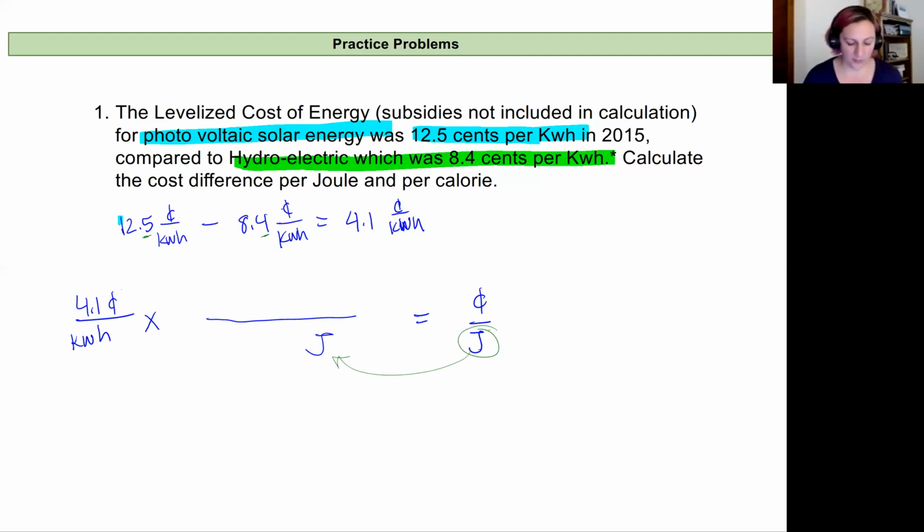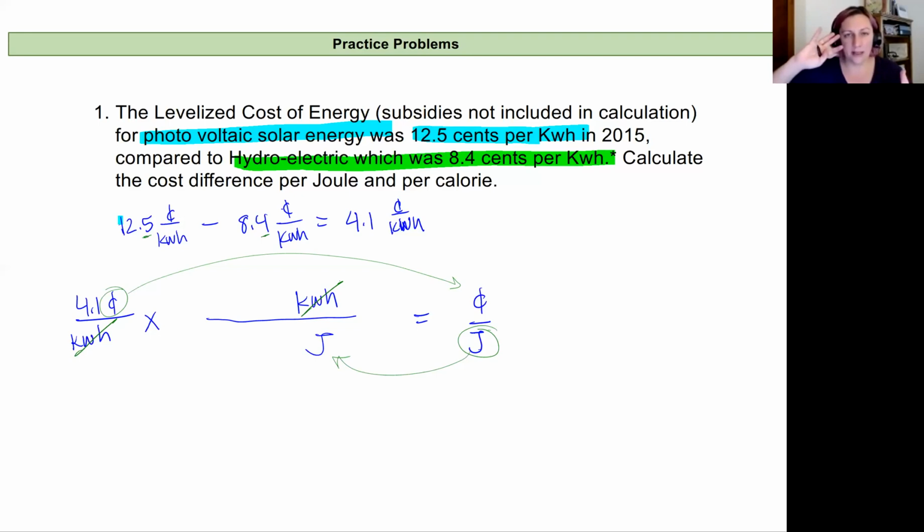And I want my cents to stay on the top. So I'm not going to do anything to convert the unit of money, being cents, into anything else. And what I'm really going to focus on is getting rid of that unit of kilowatt hour and having it be joules. So if I multiply this by a conversion factor that is kilowatt hours on the top and joules on the bottom, these kilowatt hours will cancel and I'll have units of cents per joule.